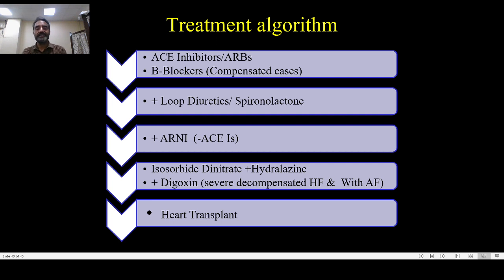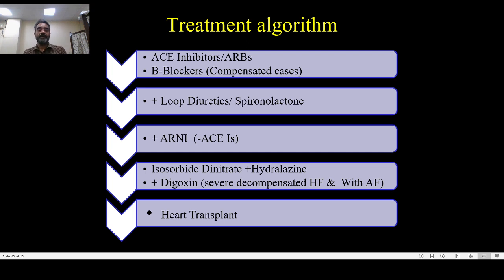So this is the treatment algorithm. We usually start with the first line drugs, which are ACE inhibitors or alternatively angiotensin receptor blockers. In compensated cases, you can use beta blockers along with that, especially in stage 3 and 4 patients, as we have discussed already.